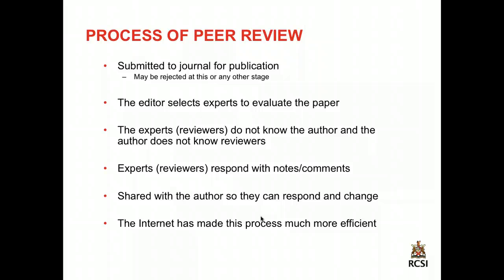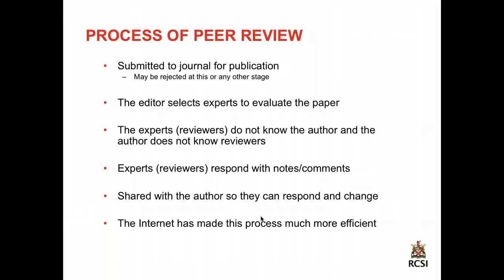So what happens in a peer review process? So I've written something, I think it's fantastic, I've done some research, I've had ethical approval, I write, and I submit it to a journal for publication. So what the editor of the journal does is finds other people in that field to evaluate the paper. These experts or reviewers would not know the author of the paper, and the author would not know who's reviewing the paper.